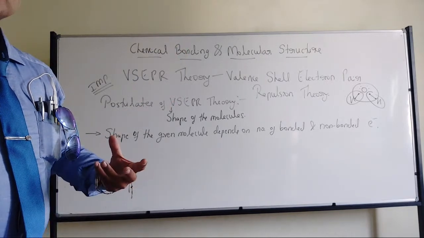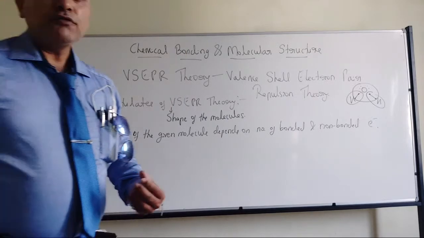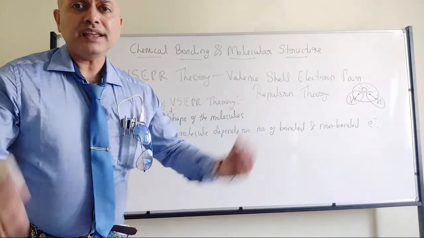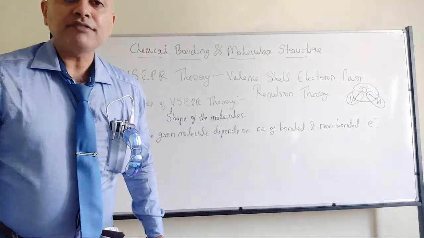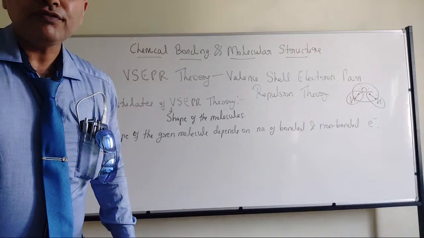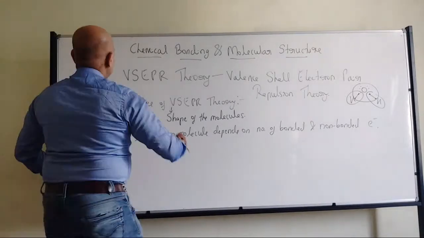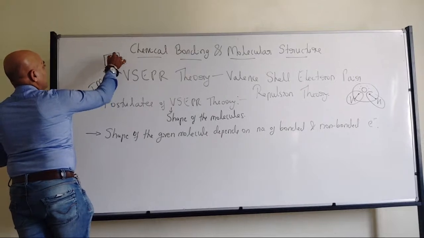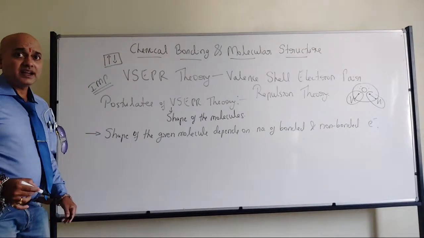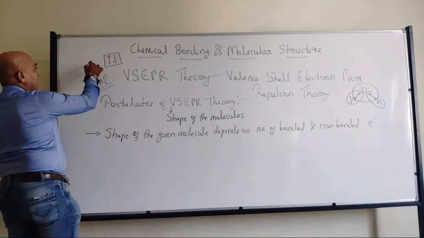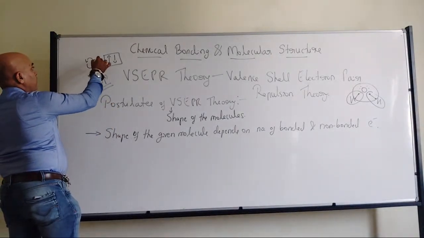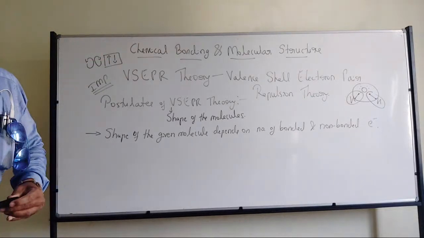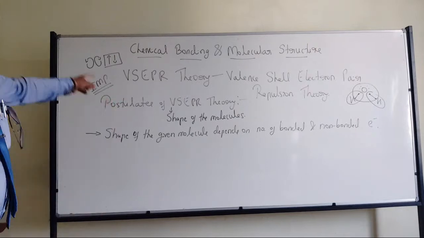Because electrons are negatively charged, when one electron comes near another electron, naturally there will be a repulsion. All of you got my point? But when I am talking about an orbital where two electrons occupy the same orbital, it is a different story, where the electrons have opposite spin, clockwise and anti-clockwise, if you remember.